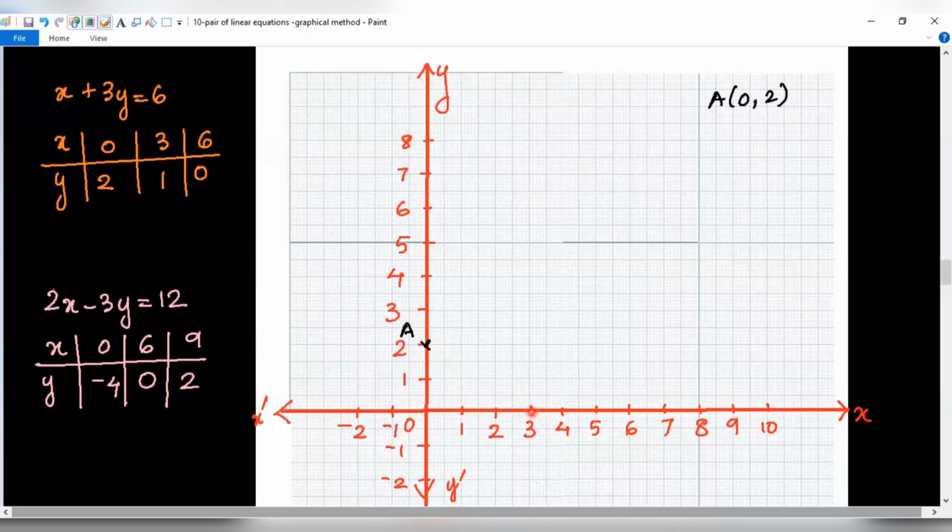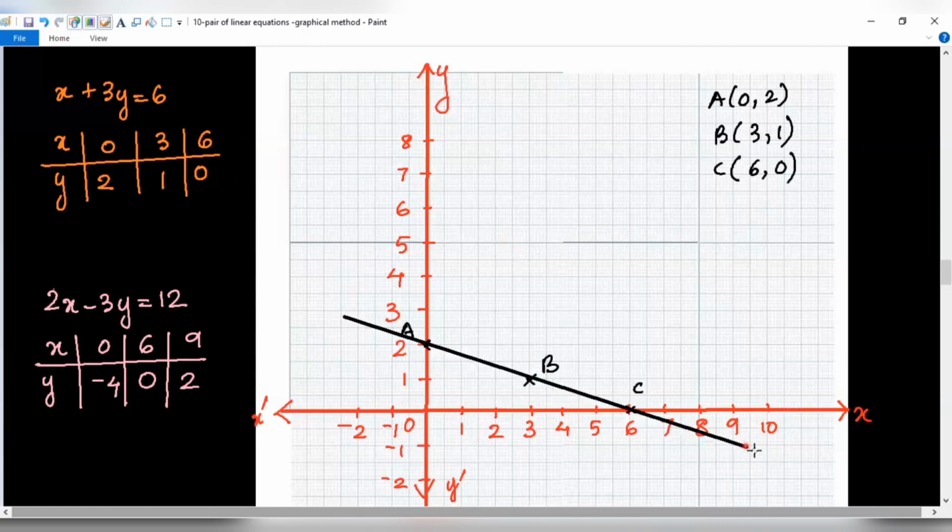X is 3, Y is 1. So this is the required point. B is 3, 1. Then 6, 0. This one, no? X 6 and Y 0 says 6, 0.